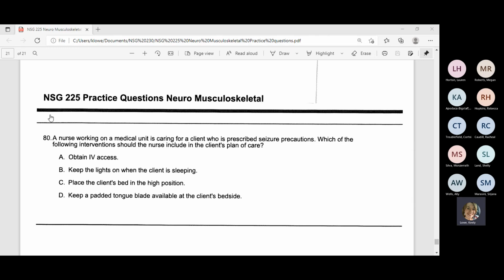Let's see. And then I've got one on lab values. Thought I'd put something else in there. Let me see.